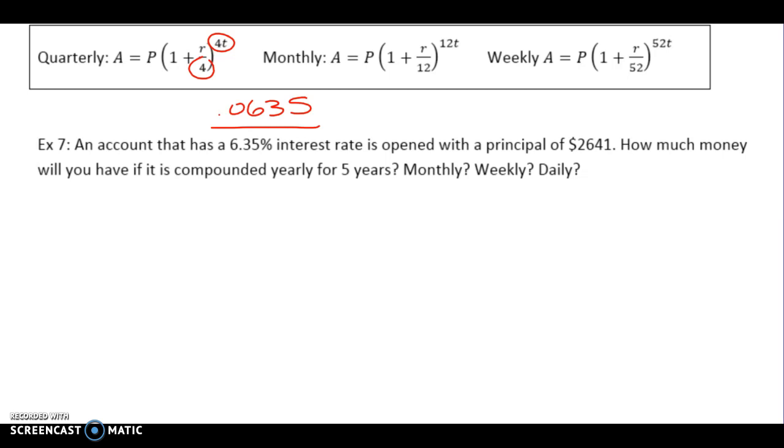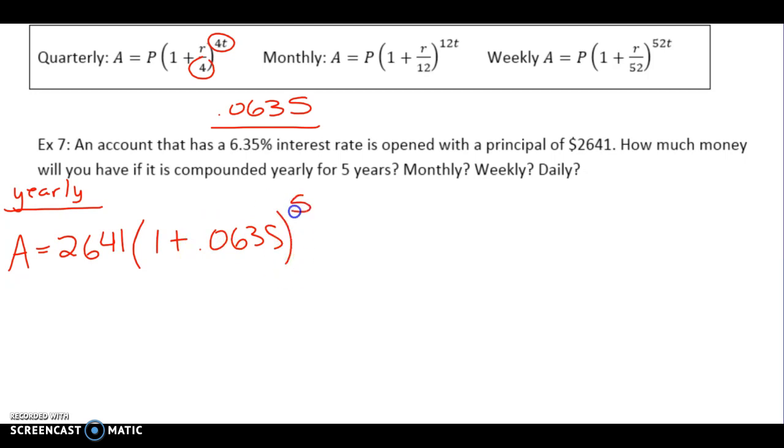So, let's plug it in. I'm going to write kind of small because we have 4 different scenarios here. It's yearly, right? So how many times a year is yearly? Once a year. So A equals the principal, it's 2,641, times 1 plus 0.0635 to the 5th power.